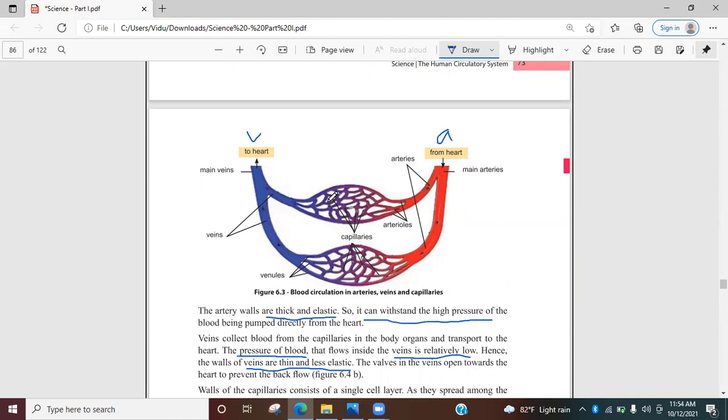Further division of venules forms capillaries. Then again, main arteries divide and form arteries. Then arteries divide and form arterioles. Then arterioles divide and form capillaries.